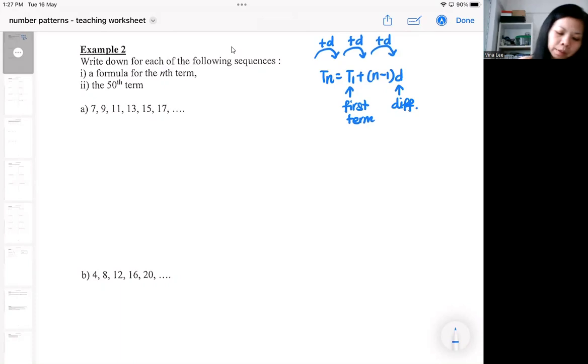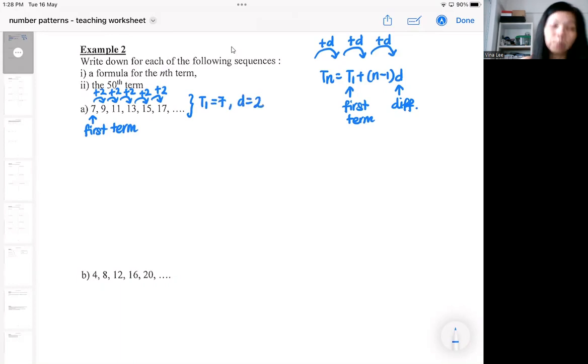Okay, so in this case, the first thing I will look out for is, is it always a common difference? In this case, it's a common difference. You realize that you keep adding 2. So this is the situation where there is a common difference. The first term is 7, and the difference is 2.